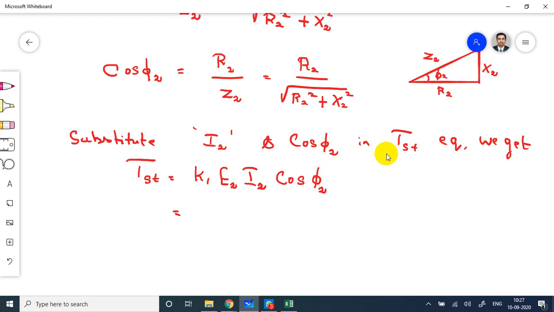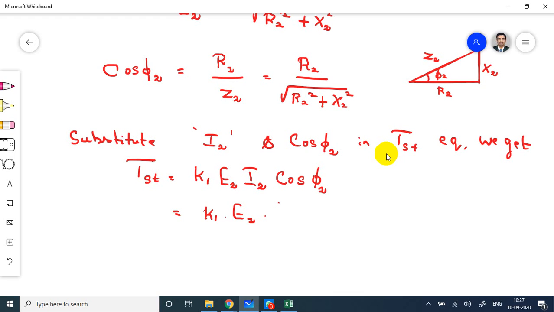Now substitute the values. K1 into E2. We don't know the E2 value, so put it as it is, the rotor induced EMF. Into I2.